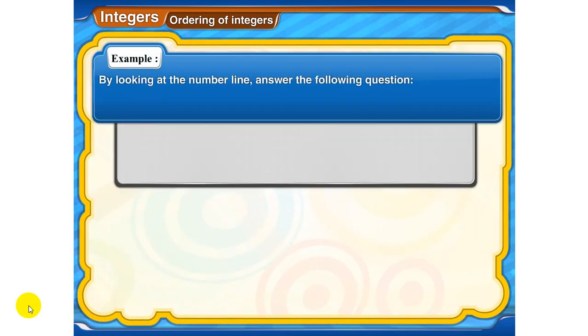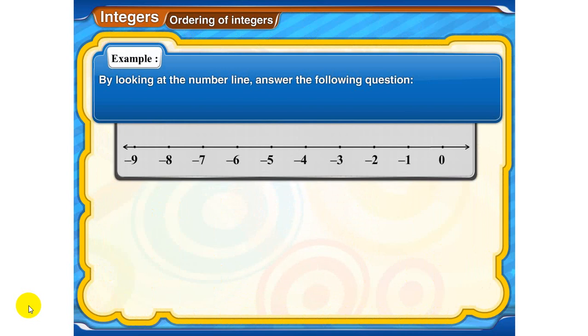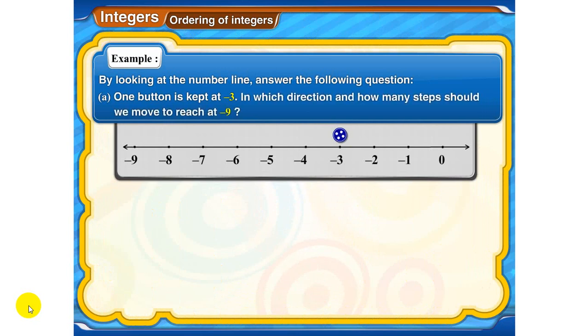Example: by looking at the number line, answer the following question. A. One button is kept at -3. In which direction and how many steps should we move it to reach -9?